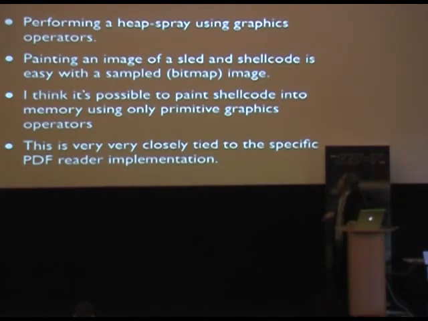On my to-do list, I believe it's possible to do heap spraying using the graphics operators in PDF. I was hoping to have something done by my talk here, but I've been too busy to work on it. Essentially, you can just paint a copy of your sled and your shellcode into memory using an image or one of the many graphics operators.